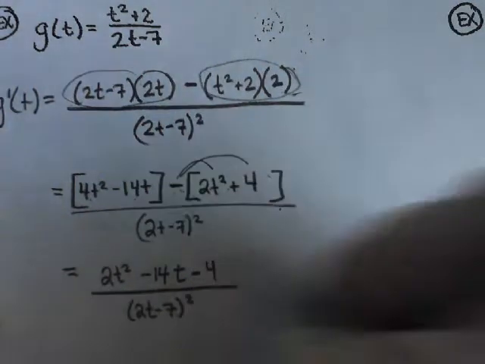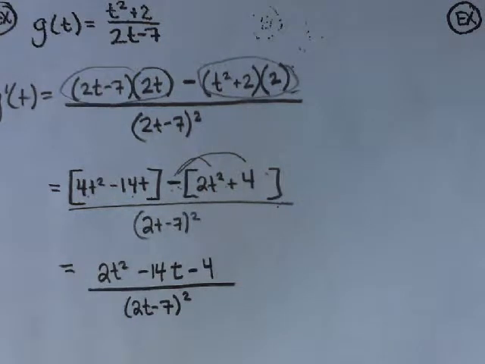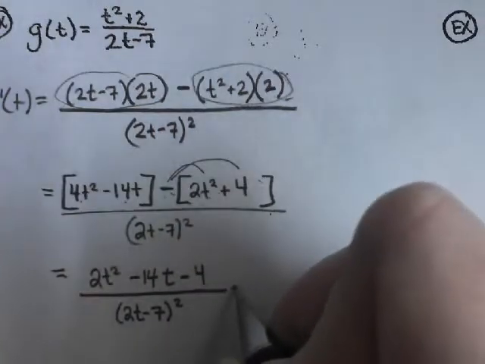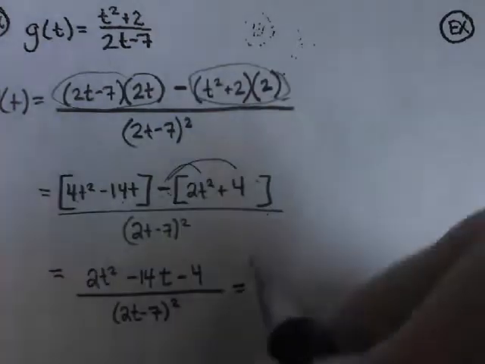Okay, if this thing is going to simplify any further, it's not going to be from squaring out the denominator, right? It's going to be from trying to do what with the numerator? At least try to factor the numerator. Now I know I can for sure take out a 2.